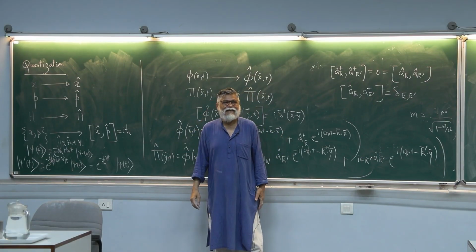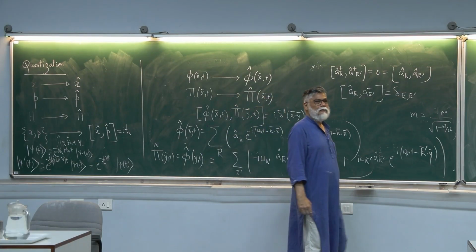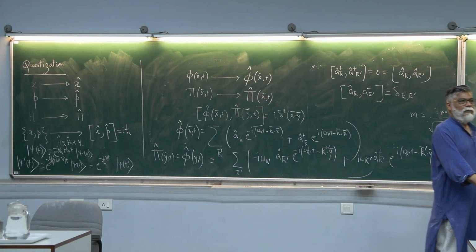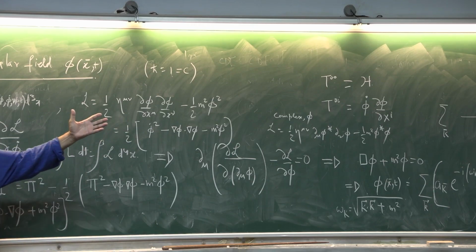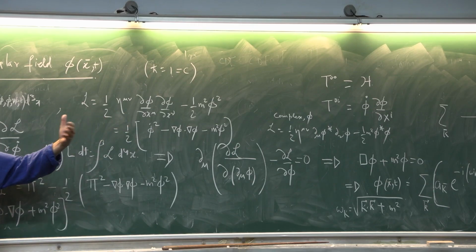When we are able to write phi of x, t as the combination of a_k and a_k dagger with the mode solutions, let's say u_k star, as a plane wave solution, am I eligible to do this because I am starting from a non-interacting plane wave? Is that the reason? Or if I take an interaction term, will these solutions also hold? No, but if you have an interacting field, so you have phi interacting with A mu, let's say, then there will be cross terms.